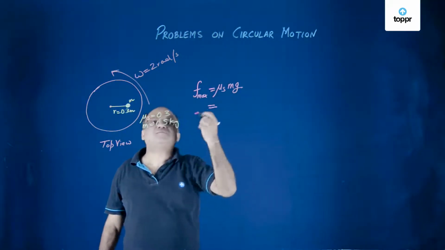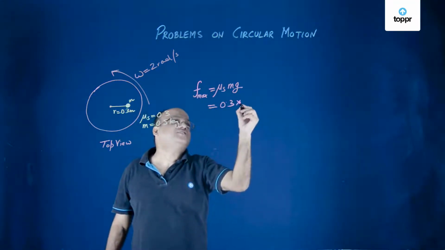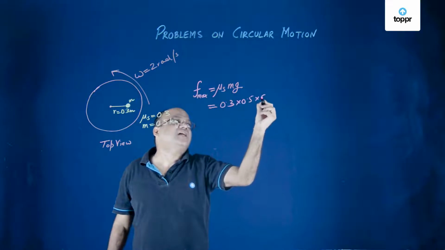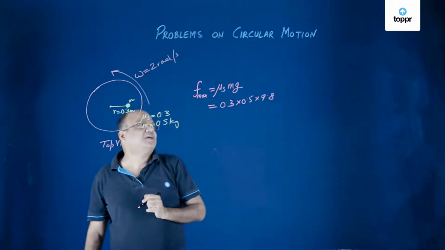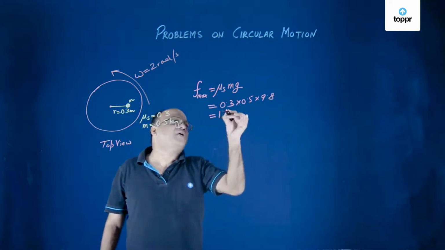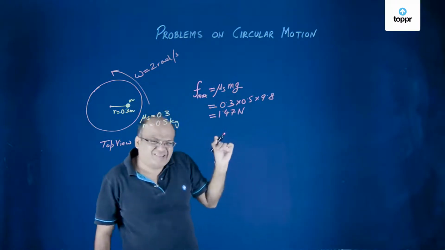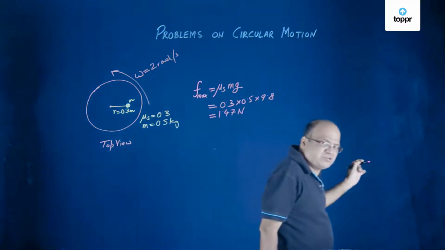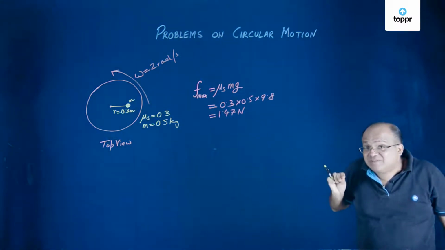Mu s is 0.3, mass is 0.5 kg, g is 9.8, and if you do the calculation, you'll get 1.47 Newton. This is the maximum possible friction between the mass and the table.